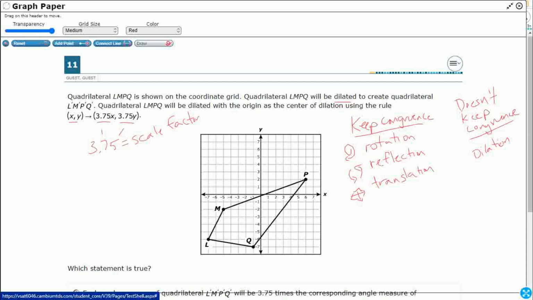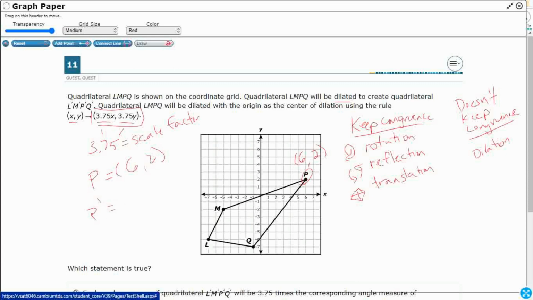So what this means is, let's just take P for example, okay? So P has an x-coordinate of 6, and it's got a y-coordinate of 2. So if P equals (6, 2), well, P prime is going to follow this right here, okay?